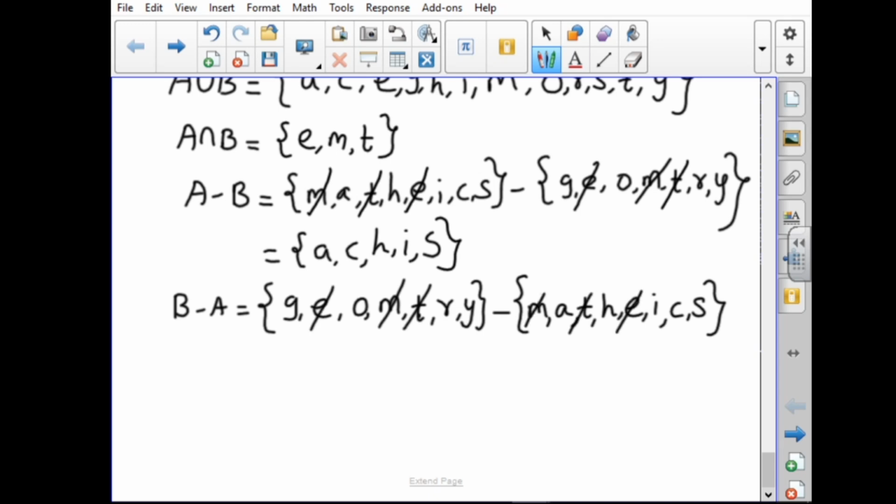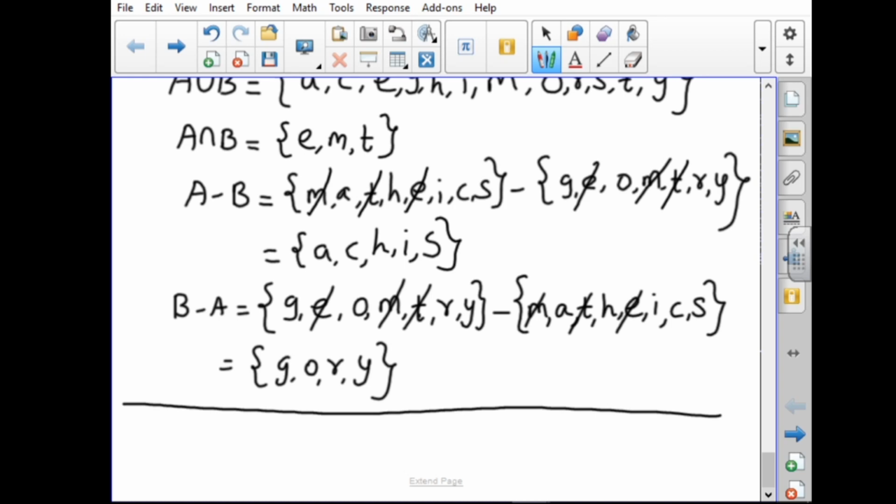So remaining elements G, O, R, Y. Okay. These are the elements of B minus A. Okay. Second sum over.